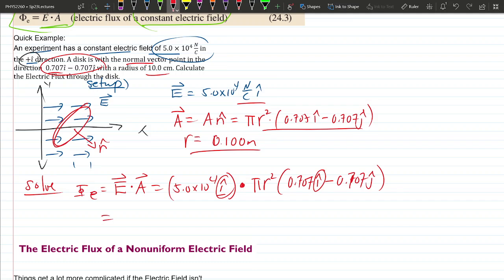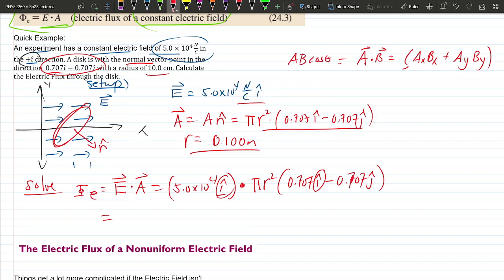So this is another way to do a dot product. Let's say you have A dot B. The dot product is the x component of A times the x component of B, plus the y component of A, I'll write it in the right order, times the y component of B. So that's another way to write the dot product. The other way is to calculate the angle between them.